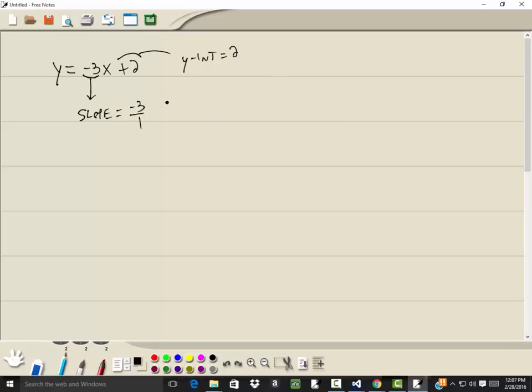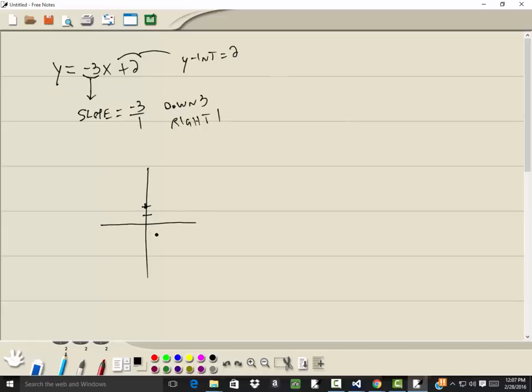Now this is a -3. Remember, this is change in y over change in x, and change in y is up or down. Since this is negative, we're going to go down 3. And since this is a positive 1, we're going to go right 1. Our y-intercept is 2, so I put a point at my y-intercept.